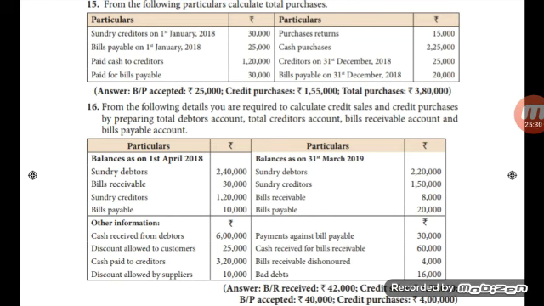Next, calculate bills payable account. Bills payable is a liability, so enter on the credit side. Opening balance on the credit side as by balance brought down, amount 10,000. Then all items on the debit side. To payment against bills payable 30,000. Then no dishonor.